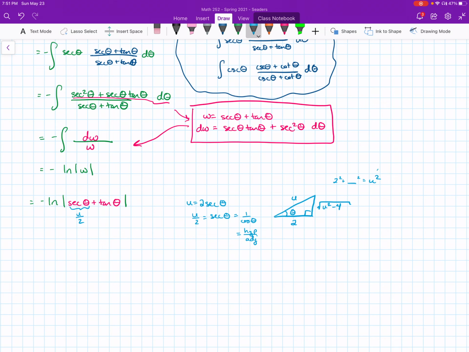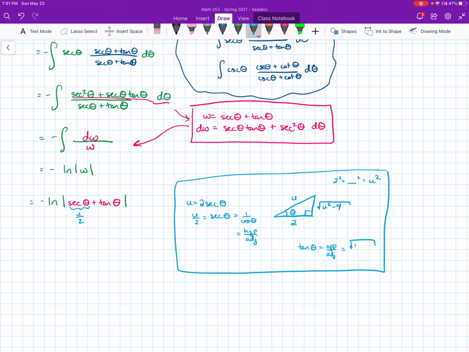And that means that tangent of theta, which is opposite over adjacent, becomes the square root of u squared minus 4 divided by 2. And that's what I'll put in for tangent of theta.